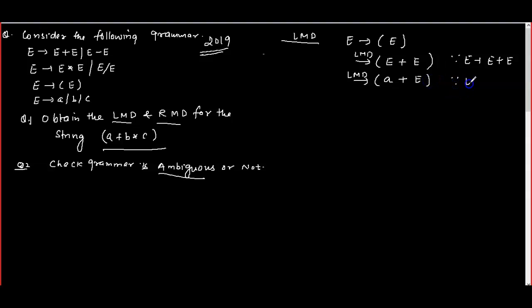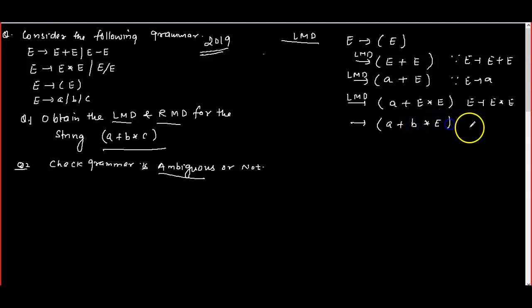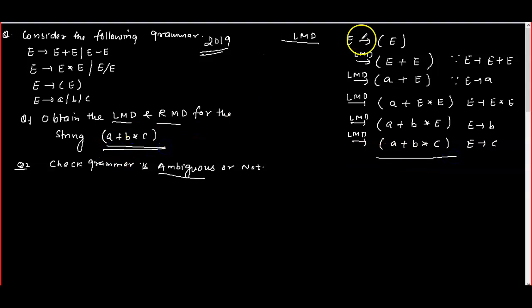Next, the open bracket as it is, A plus, and this E I can write as E star E. Next, A plus this E I can write B. This is A plus B, and this star, and finally this E is C. So we got the string A plus B star C by using the LMD.